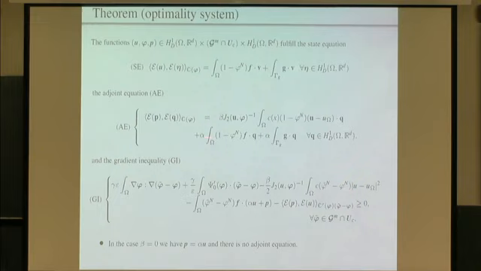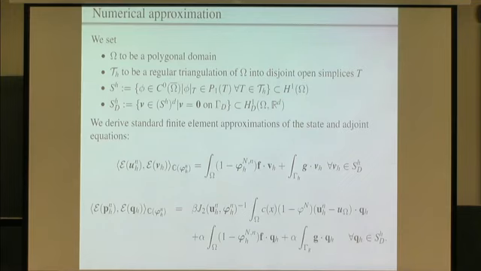So what we see is that our adjoint variable p is just alpha times u, so there actually is no adjoint equation if we just consider the mean compliance, the energy, in our objective functional.